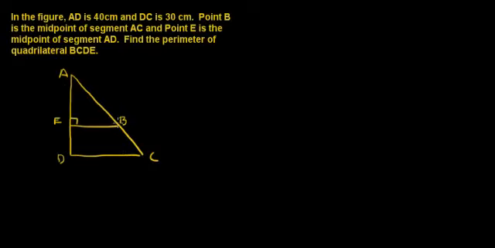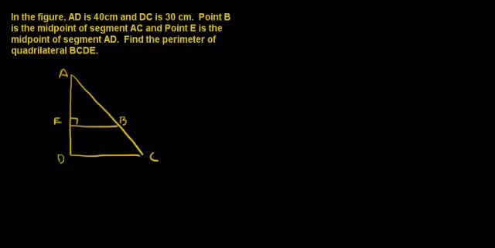Point B is the midpoint of segment AC, despite what it looks like, and point E is the midpoint of AD. So what we have is a pair of similar triangles, and we need to find the perimeter of quadrilateral BCDE. So the one we're looking for is right here.